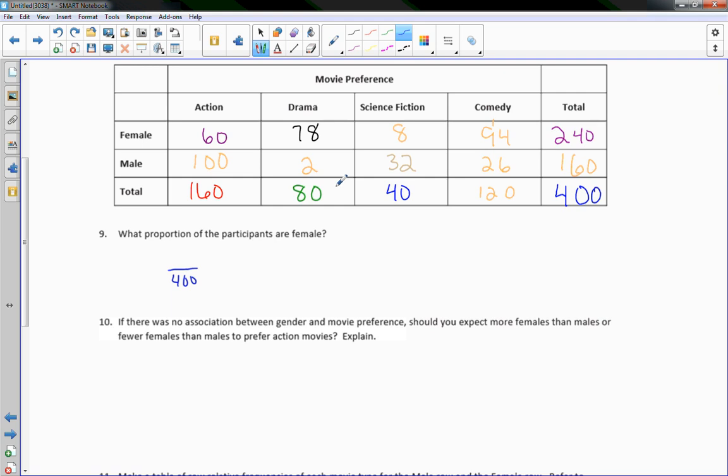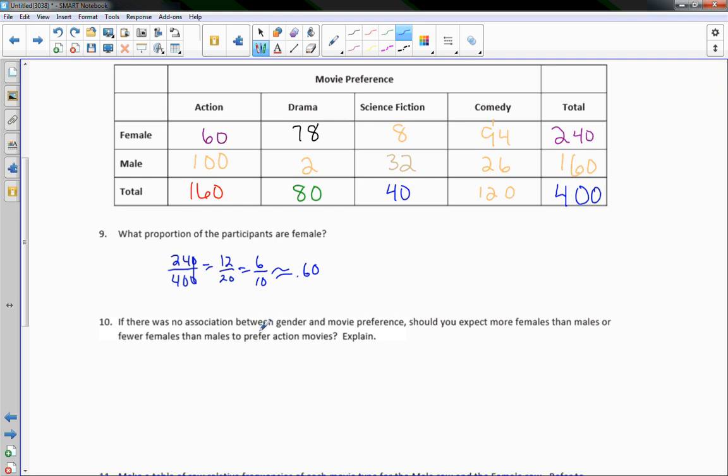Total females, 240. 240 over 400 is 24 over 40, which reduces to 12 over 20, which reduces to 6 over 10, and there we have it. It is 0.60, 60%.